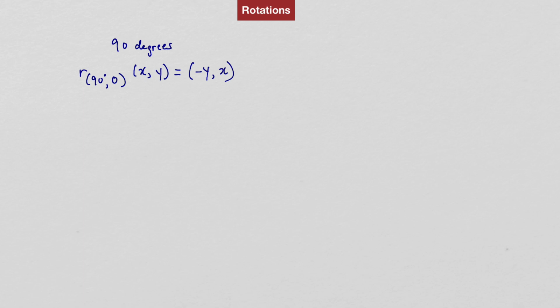And then for 180 degrees, the rotation rule for 180 degrees rotated about the origin of x comma y is just going to be negative x comma negative y.